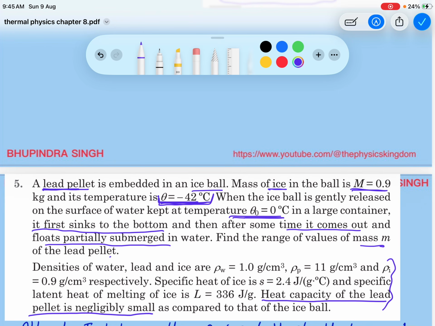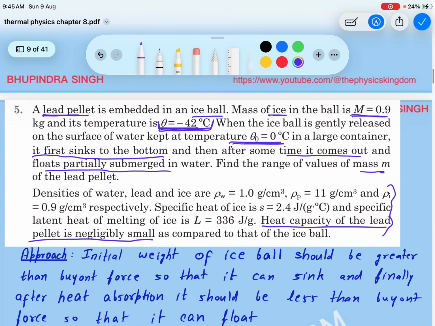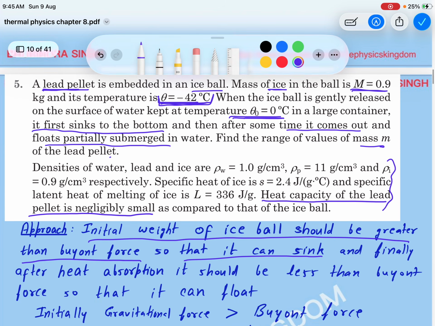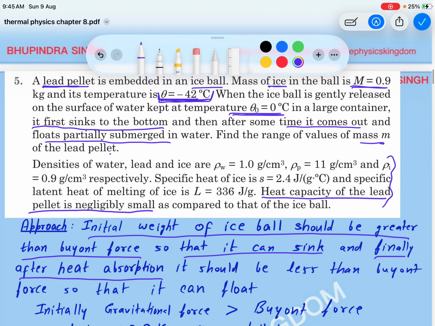So mass of lead pellet should be such that finally buoyant force should be more than gravitational force till its temperature rises from minus 42 to final temperature 0. Till that temperature change, buoyant force should exceed what, beta? Weight. So that should be the approach. Initial weight of ice ball should be greater than buoyant force so that it can sink, right? And finally, after heat absorption, it should be less than buoyant force so that it can float.